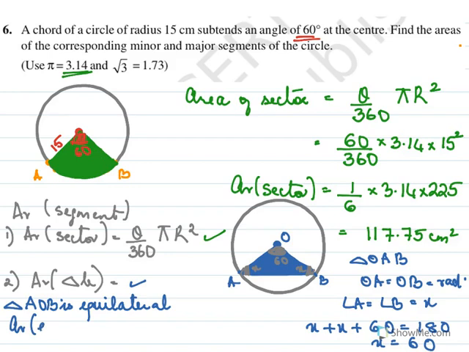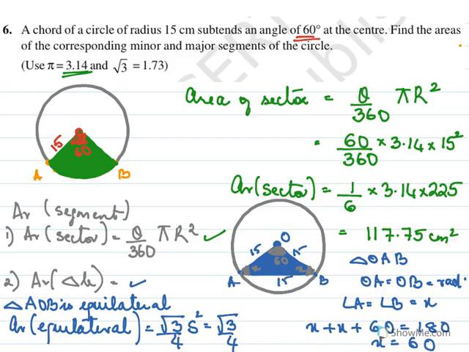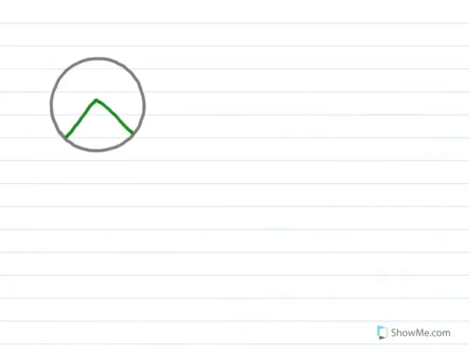And area of equilateral triangle, we know the formula is root 3 by 4 side square. So this will be root 3 by 4. Now the side in this case is the radius, that is 15, 15 and 15. So this is 15 square. So now we know the second step too. We know the area of the triangle. Now all we need to do is subtract the two to get the area of the segment.